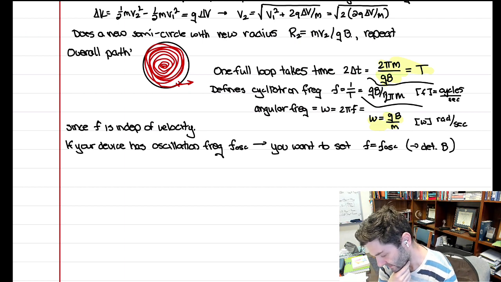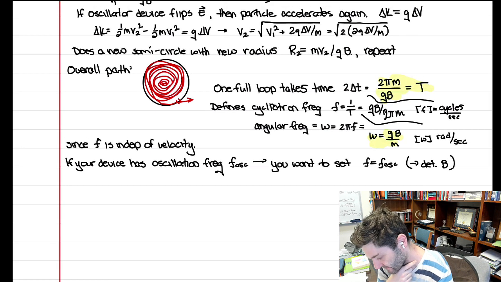Then you can see, if we go back to the velocity, when we worked out that after it passes through the electric field twice, its final kinetic energy is this.